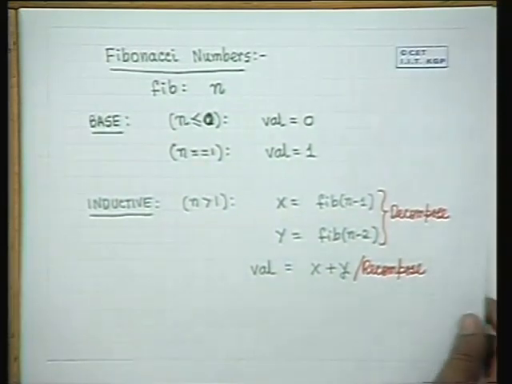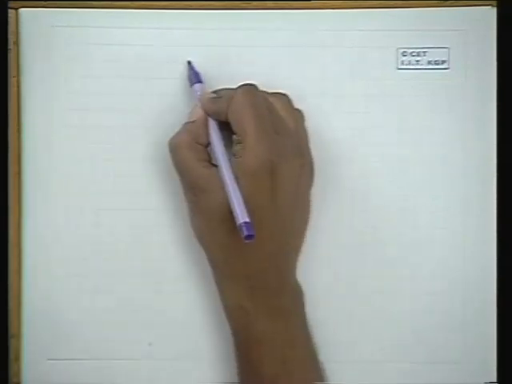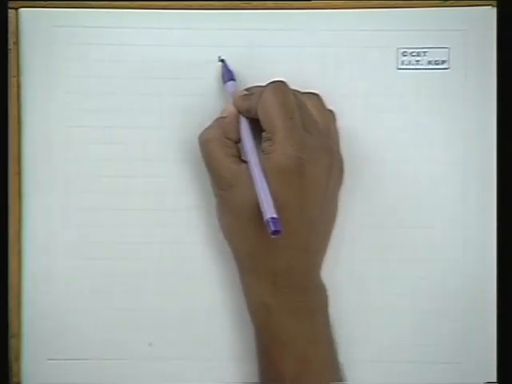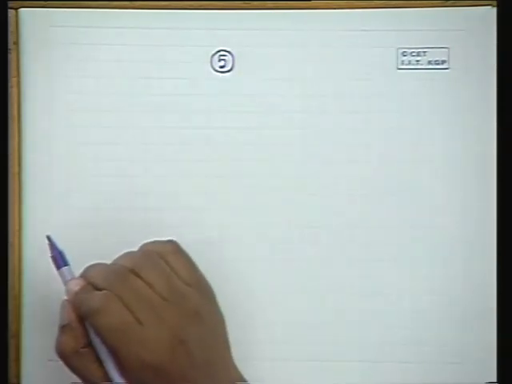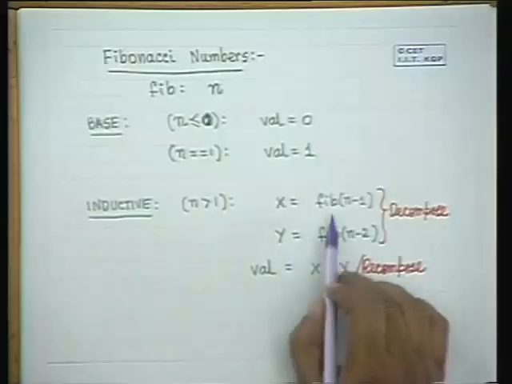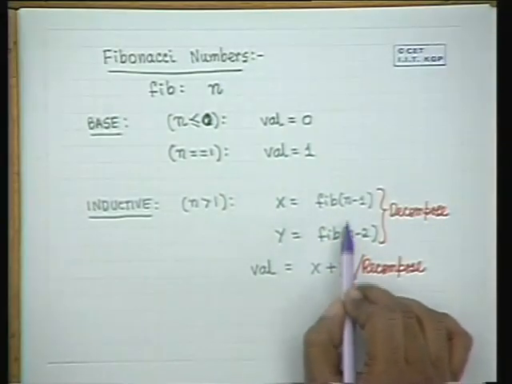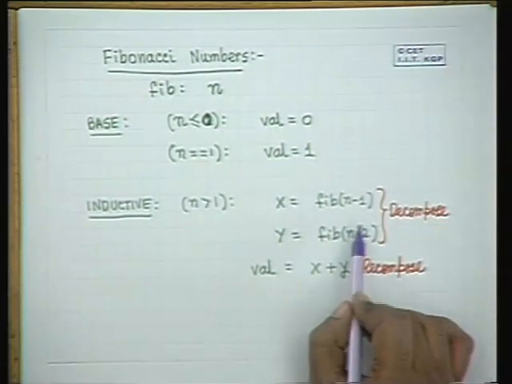So, how will it look like in a diagram? Again, if we draw up, say, 5, now we have got two subproblems, and these two subproblems are actually independent subproblems. They are not dependent on each other.